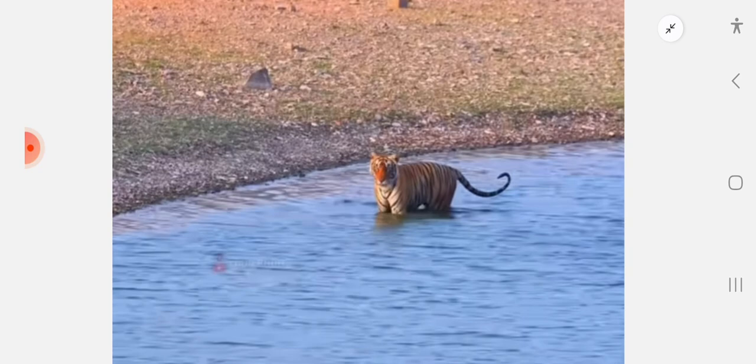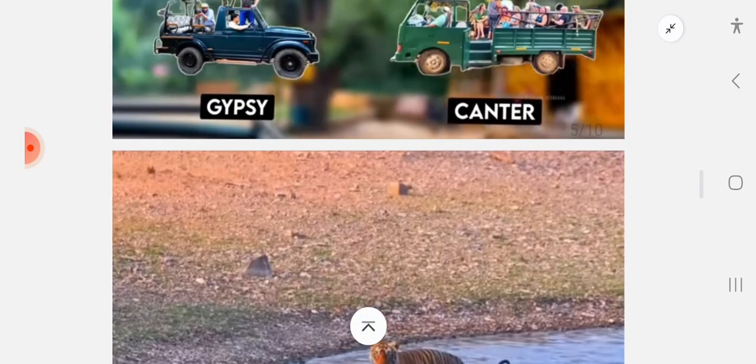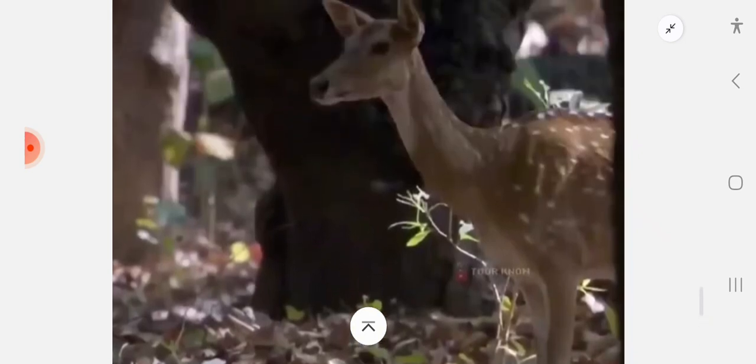So you know that sambar, as you can see in the photo, sambar deer. It is a deer, and it is the favorite food for tigers, Royal Bengal tigers.